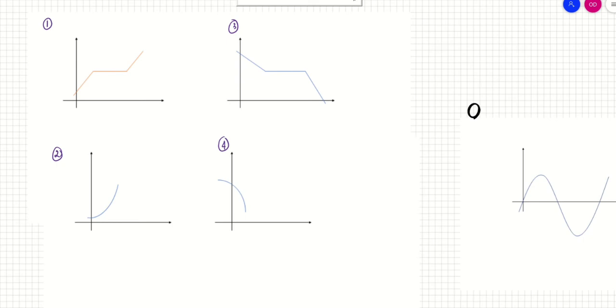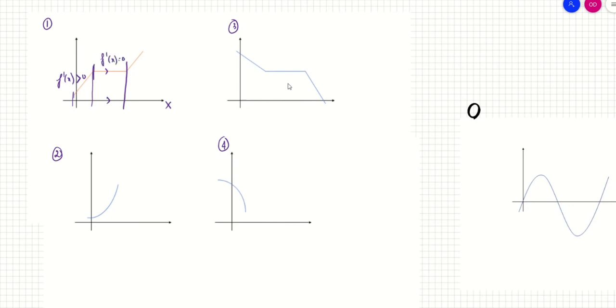Now, let us consider the following graphs. In graph number 1, we observe that from here to here, the function is increasing. In other words, f dash of x is greater than 0. Now what happens in this interval? You see that the line is parallel to the x-axis. So the slope, or f dash of x, is equal to 0.